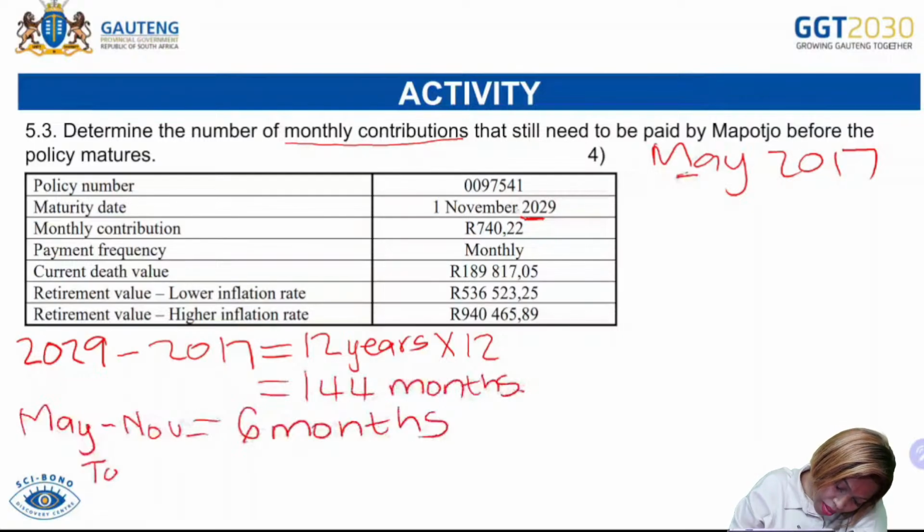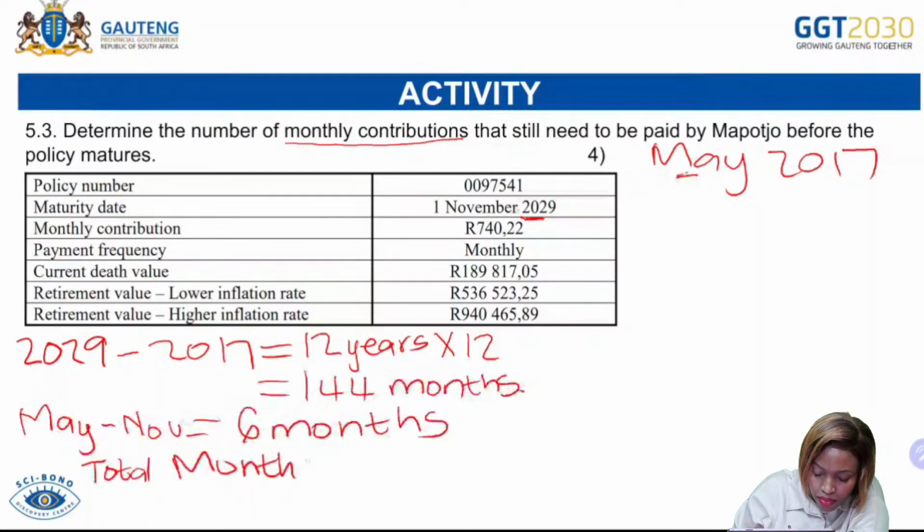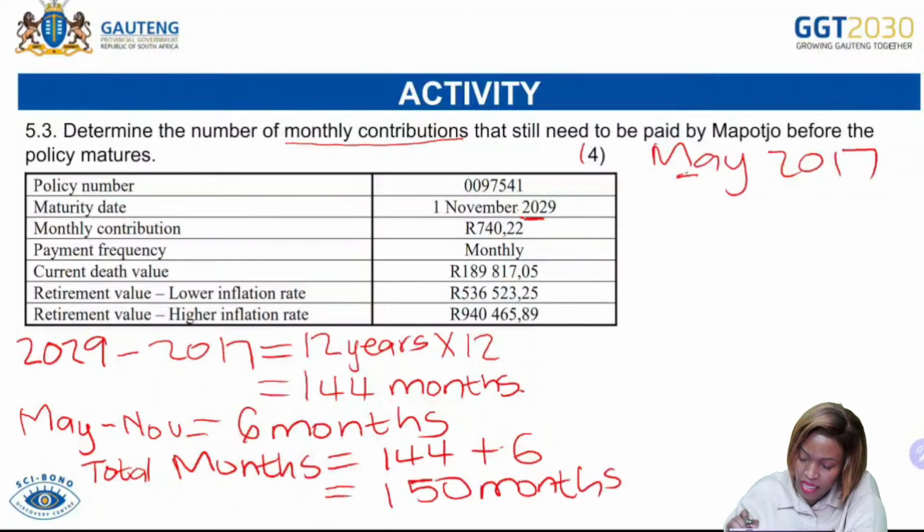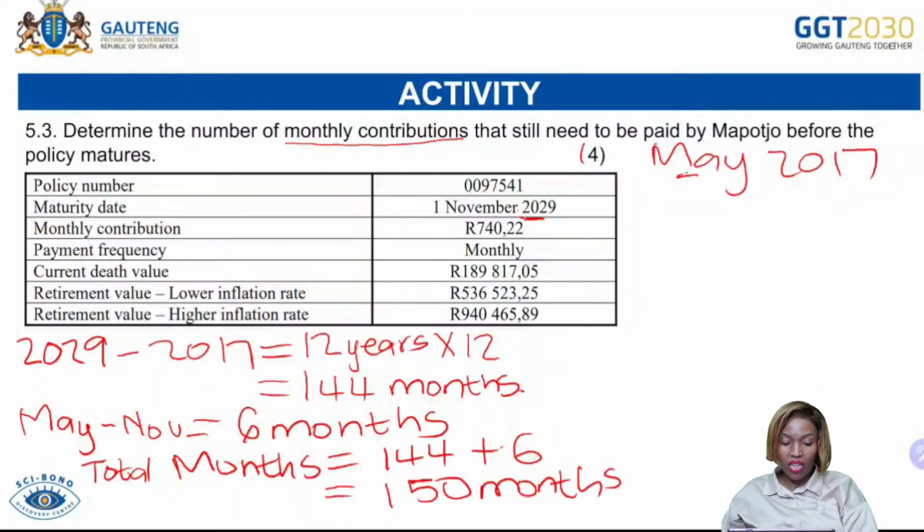So the total number of months, it is 144 plus 6, which is 150 months. This is the total number of months that Mabojo has before the policy matures. So she's still going to pay for 150 more months before she can get her lump sum.